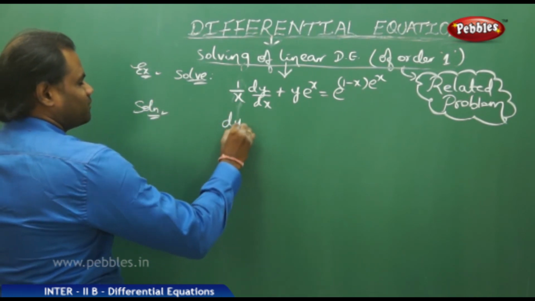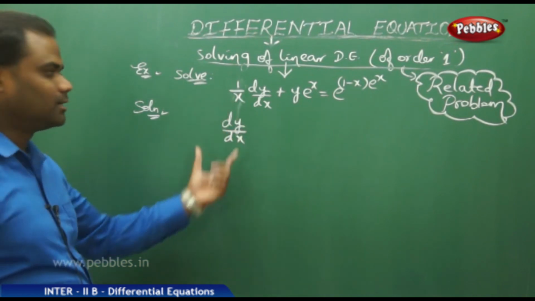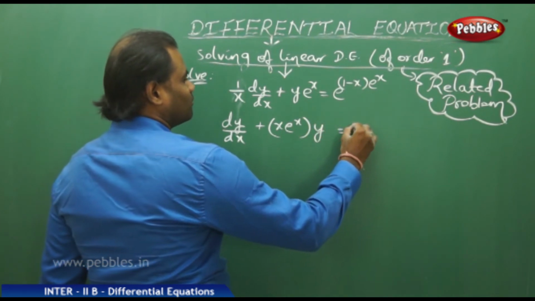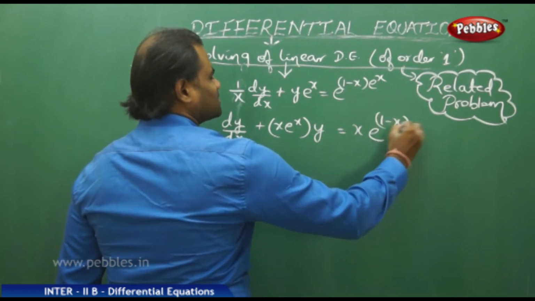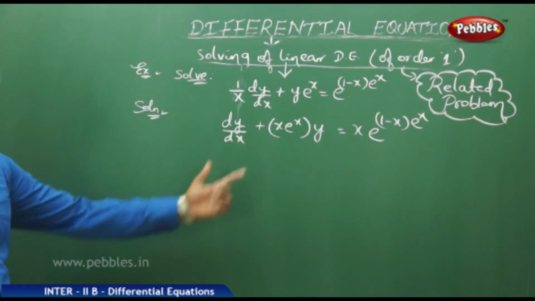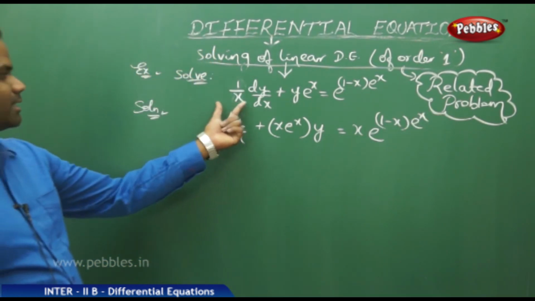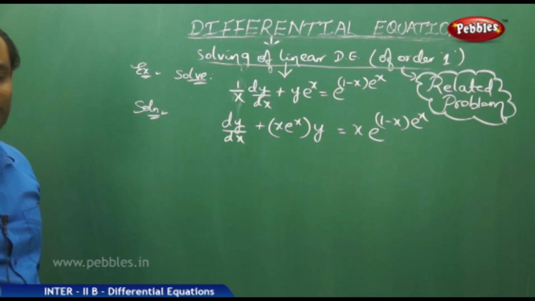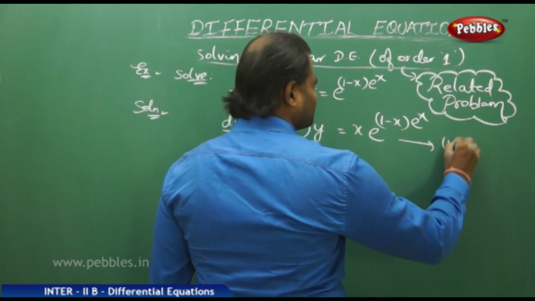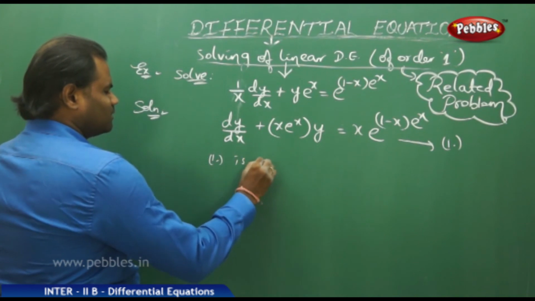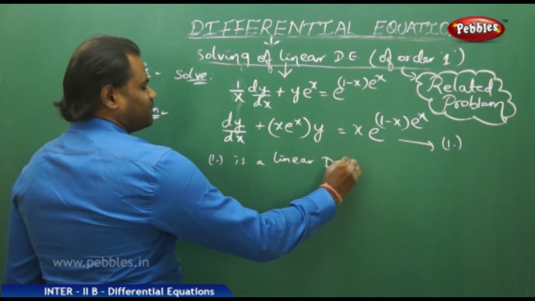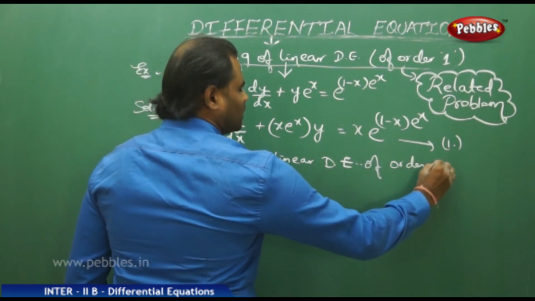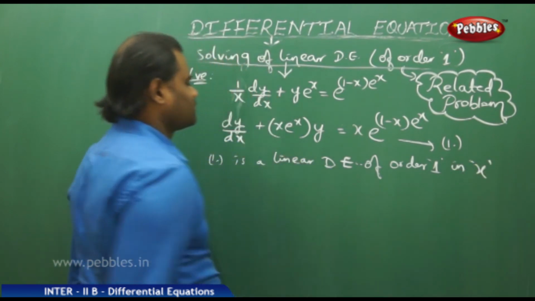This differential equation, when remodified as dy/dx + (e^x/x) y = e^(1-x) e^x/x, is what we get when we simplify this, taking x on the right side, multiplying the whole equation by x. This reduces to the linear form, which is clearly a linear differential equation of order 1 in x, as we see here.